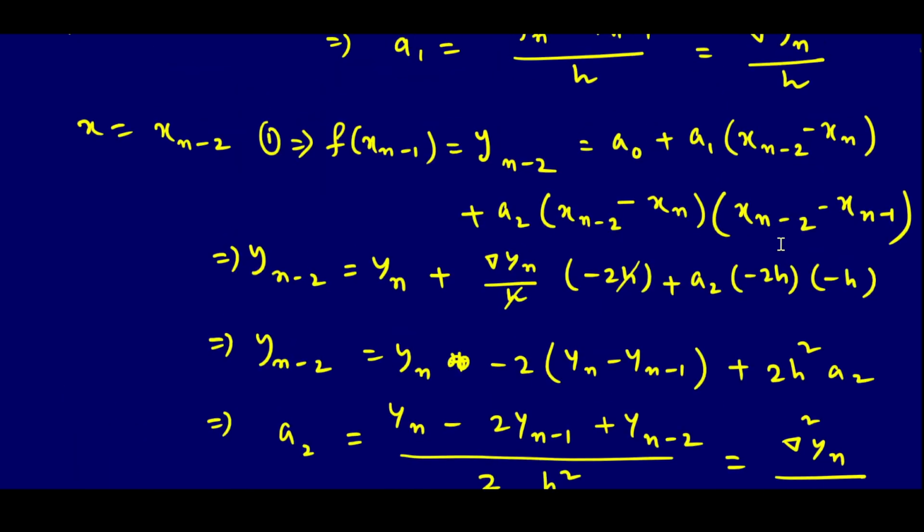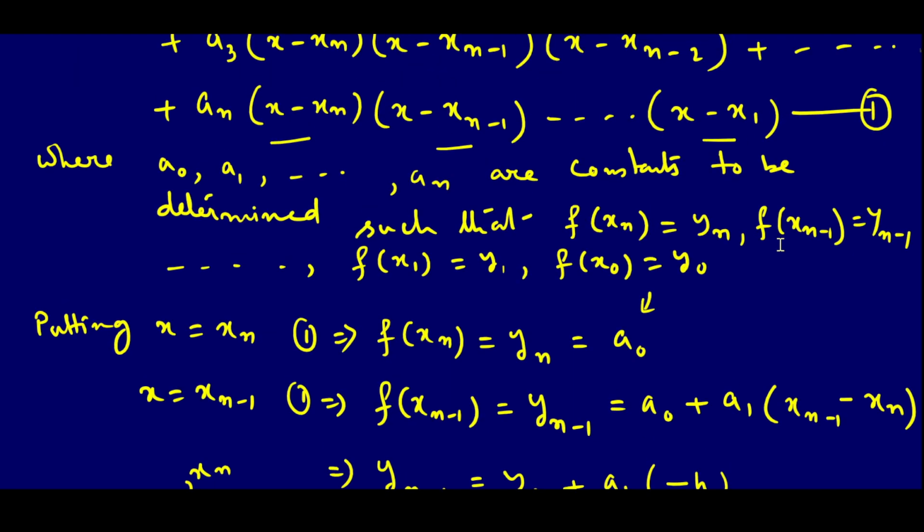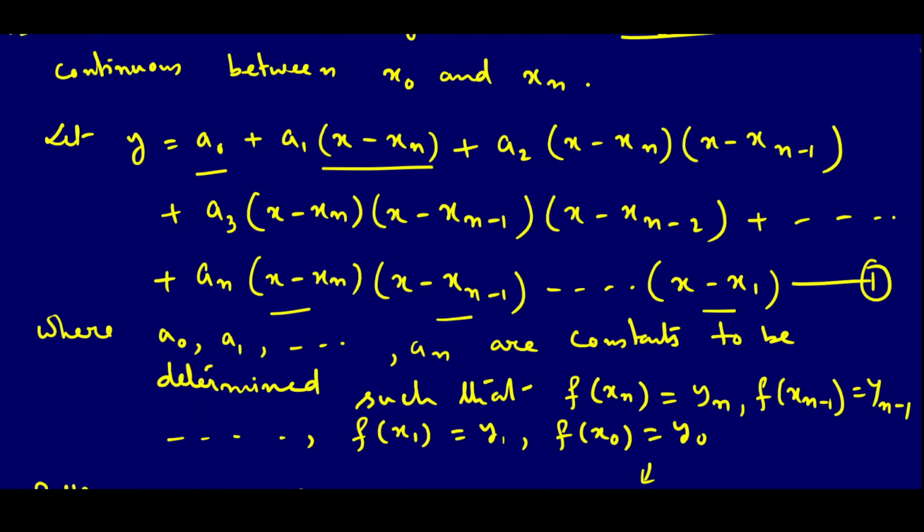So which is our equation number 1? So this is our equation number 1. So here we have to put one by one. Equation 1 implies, our left side will be y or f of x. The first term is a naught. So a naught is our yn. Then second term is how much?